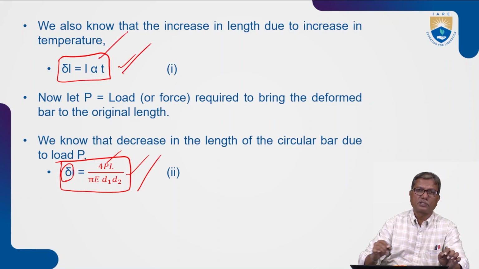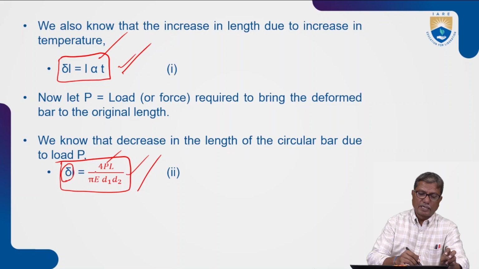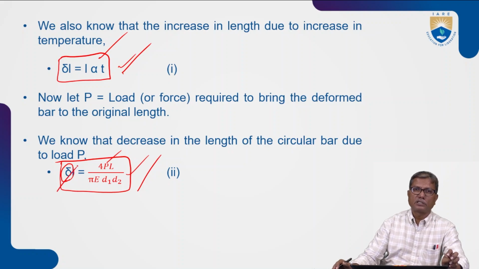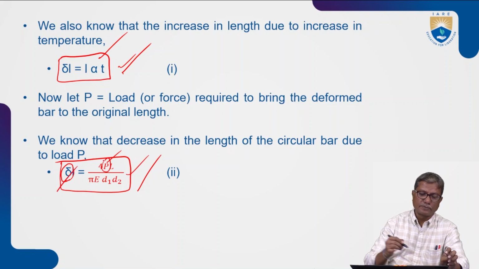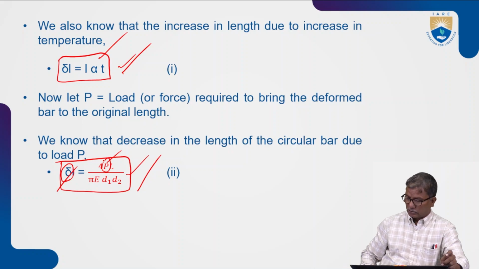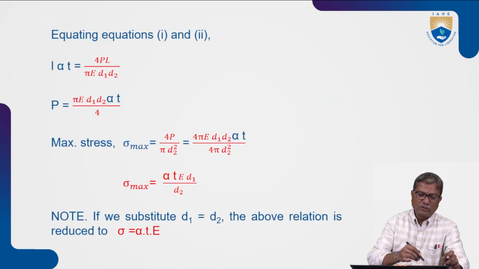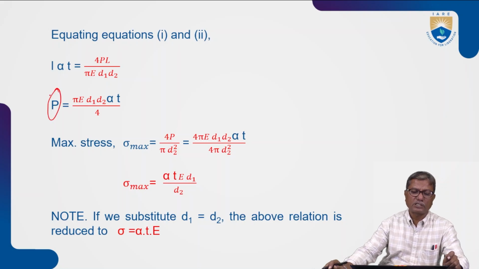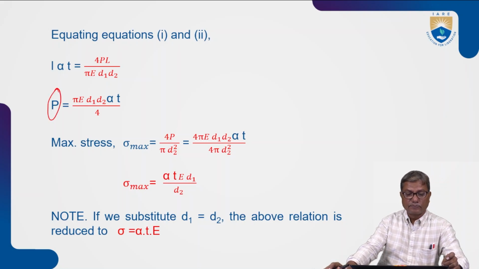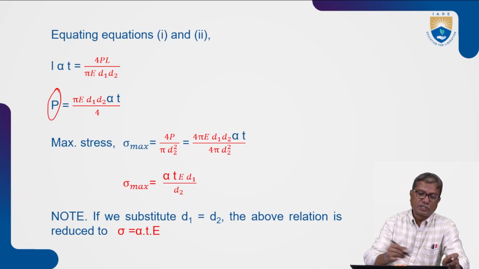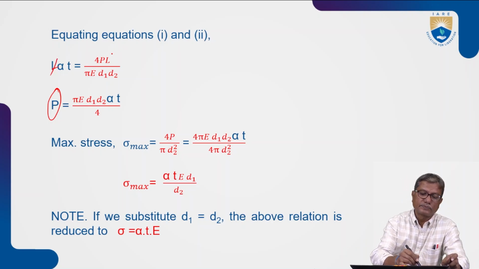This is the expansion caused by temperature, and this is the contraction caused by the force P. So equating these two, we get force P required, which is pi E d1 d2 alpha T by 4. Here L and L cancel.